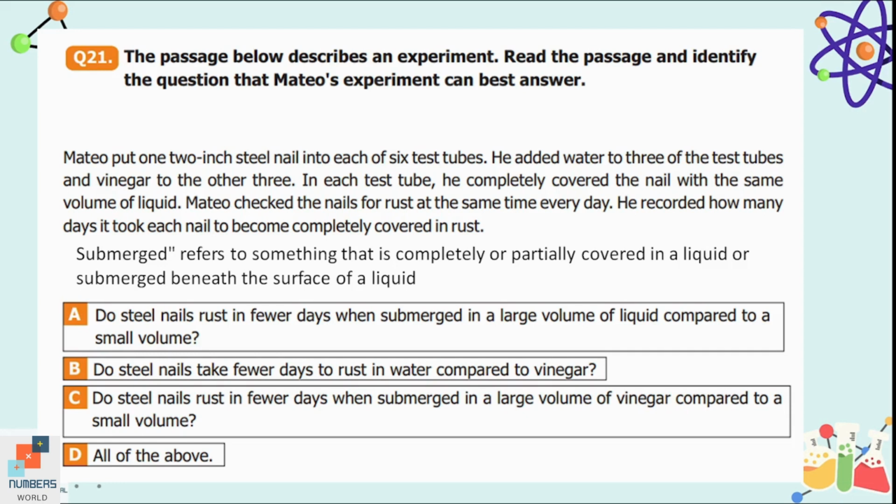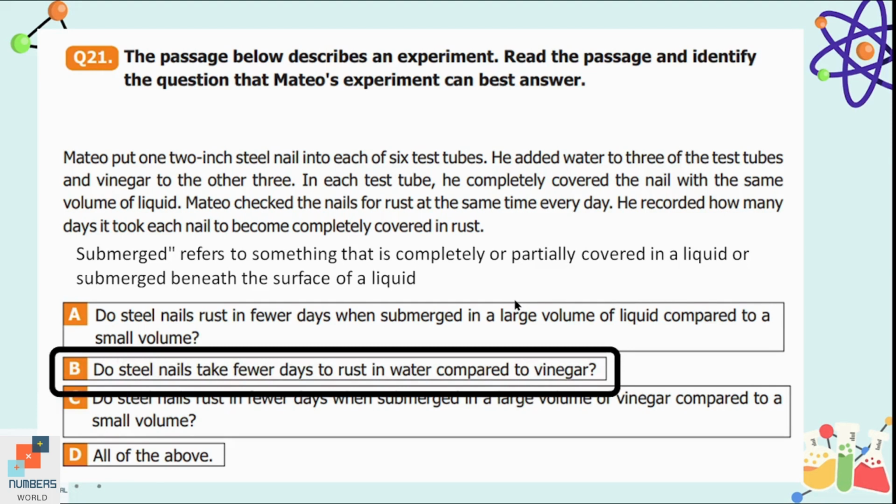And option C is, do steel nails rust in fewer days when submerged in a large volume of vinegar compared to a small volume? D is all of the above. So option B is the suitable option here: do steel nails take fewer days to rust in water compared to vinegar? Because of the information given in the paragraph, option B will be the suitable question.